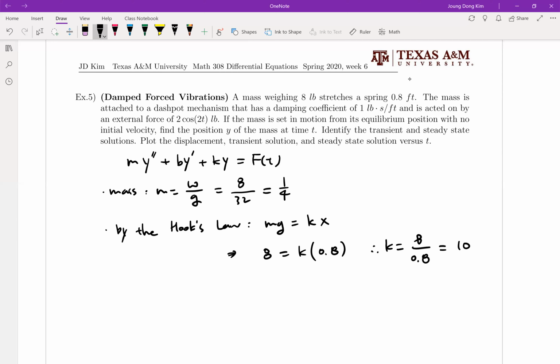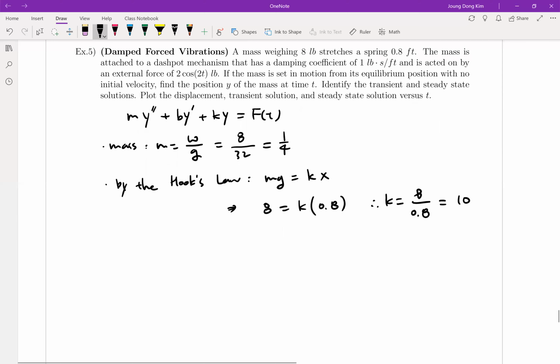With all this information, we can update the differential equation. Here we go. I can write 1/4 y double prime plus b, which is given by 1, y prime, plus 10y is equal to my external force, 2 cosine of 2t.